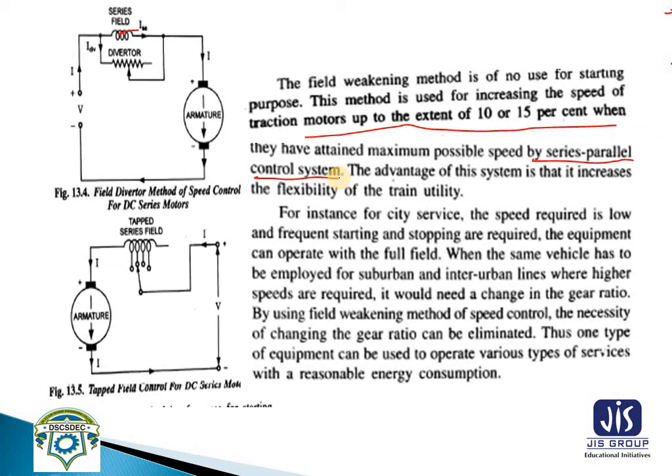By using the field weakening method of speed control, the necessity of changing the gear ratio can be eliminated. Thus, one type of equipment can be used to operate various types of service with reasonable energy consumption. That is the main advantage, and that is the main challenge we need to face when we are using it in different areas like suburban or interurban lines.